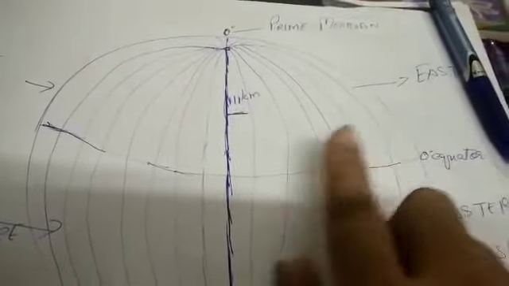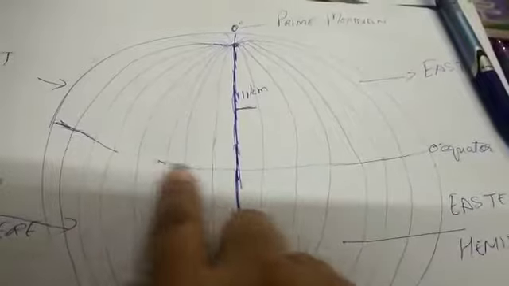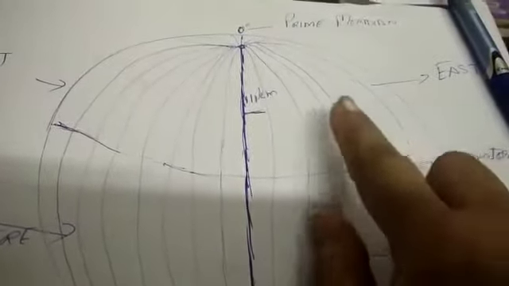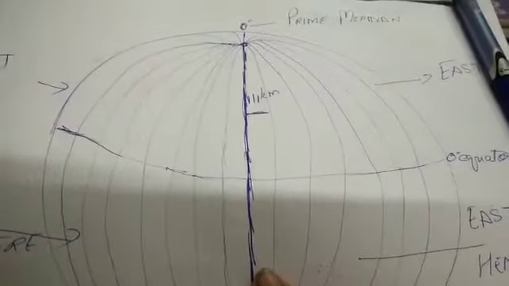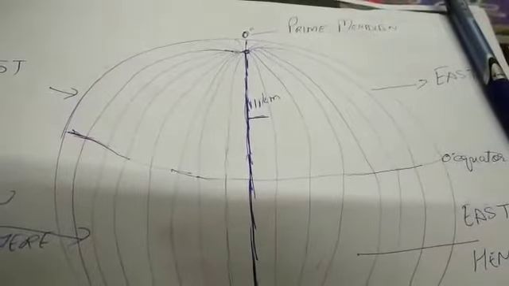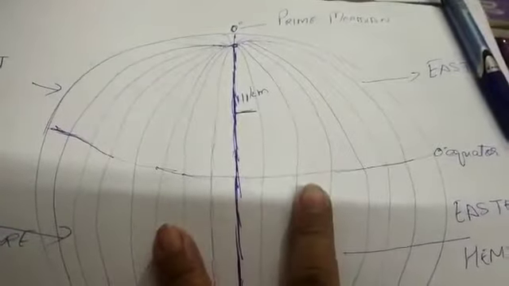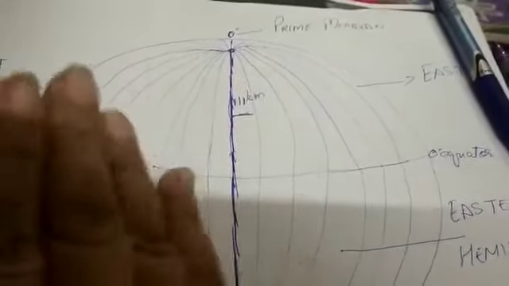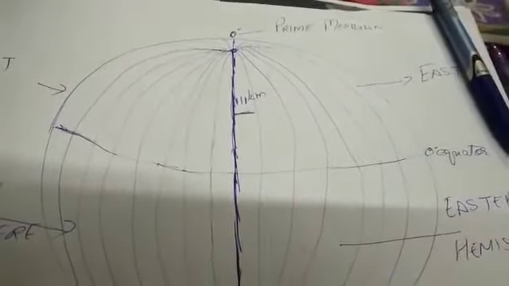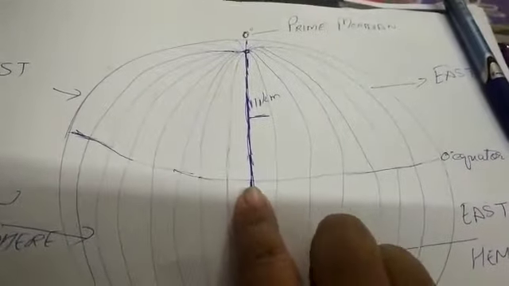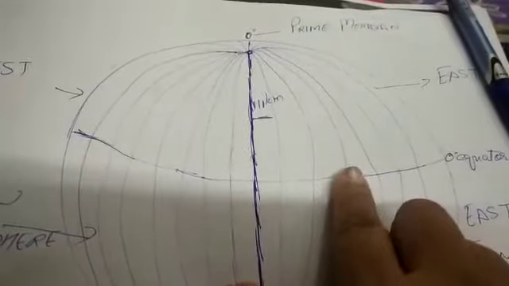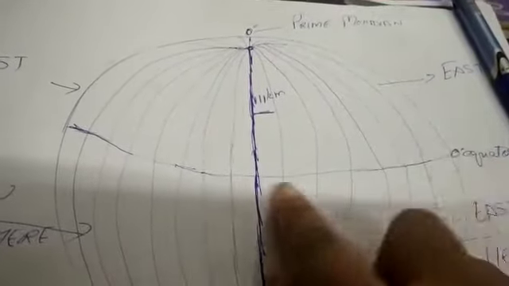Now children, just as the equator divides the earth into two hemispheres, the north hemisphere and the south hemisphere, in the same way the prime meridian divides the earth into two equal halves, the western hemisphere and the eastern hemisphere.